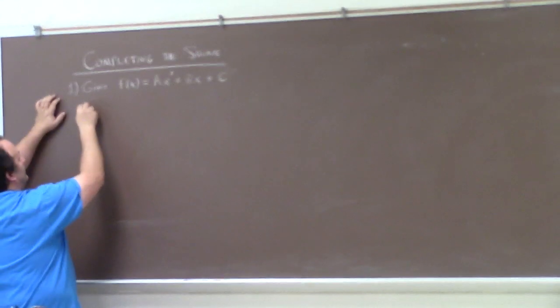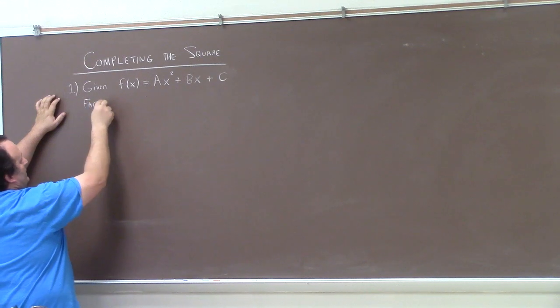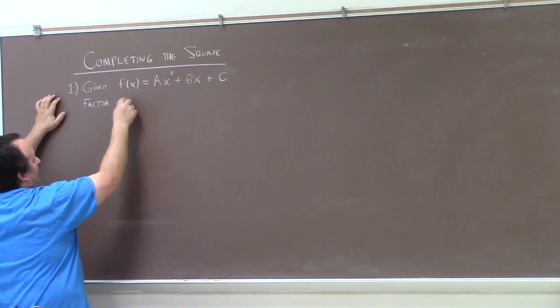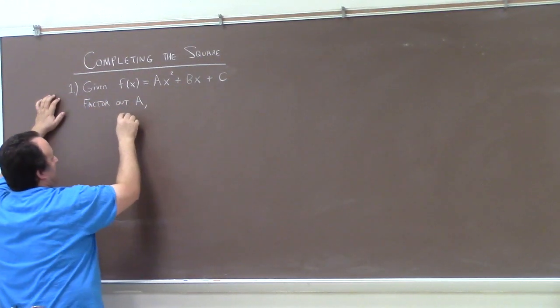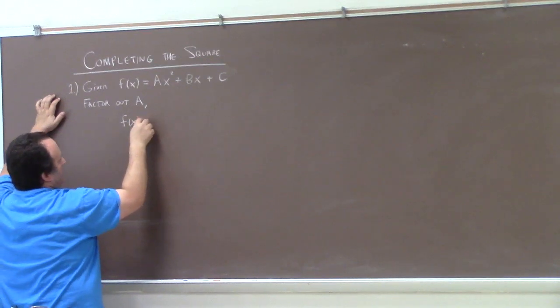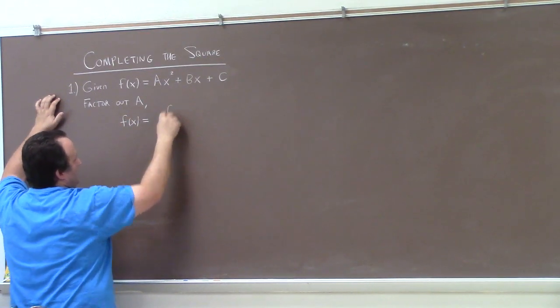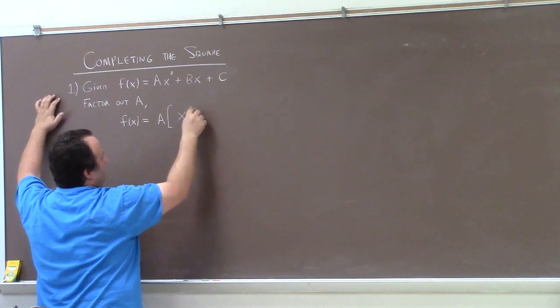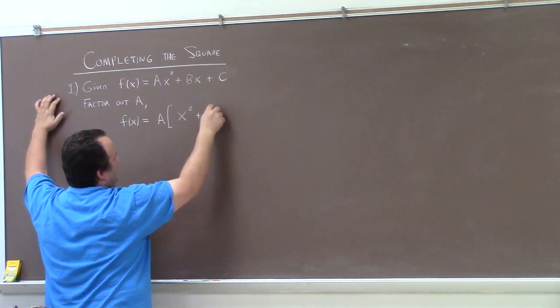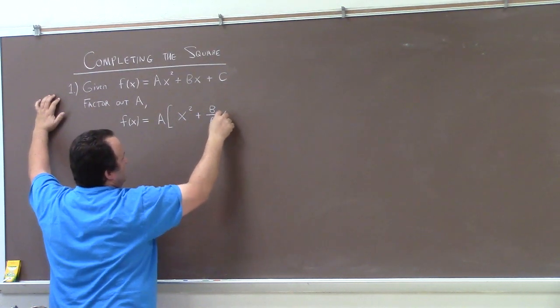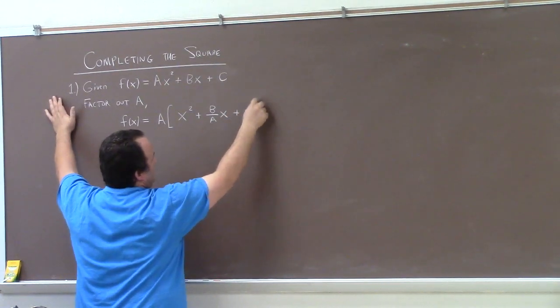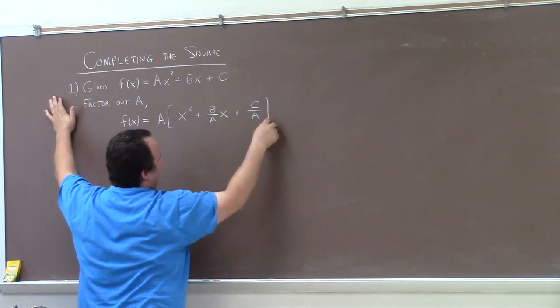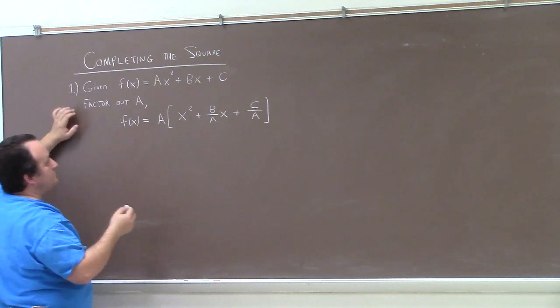Number one, I'm given this, and I'm going to factor out a. So f of x equals a times x squared plus b divided by a, x, plus c over a. That's my first move.